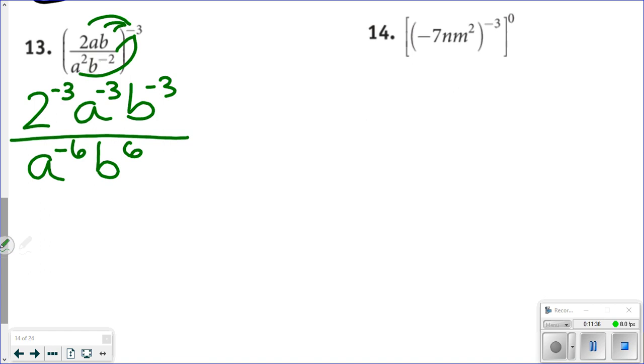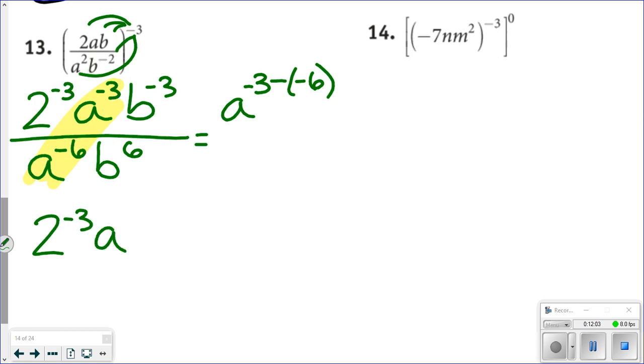Okay, so what I mean by that is I'm going to look at these a's, and it's going to be -3 minus a -6. What do we get when we do that? -3 minus a -6.